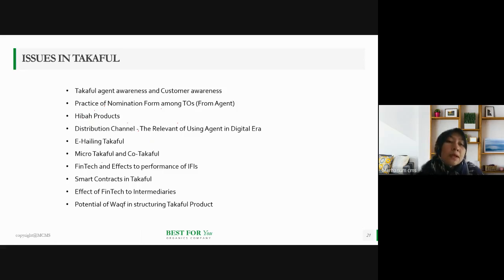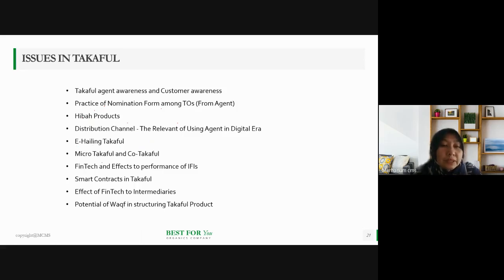Yeah. Okay, so besides Banka Takaful, there are also brokers, the third parties that market the products, agents, and nowadays we have online. Those are the distribution channels for takaful. And okay, the next issue is e-hailing takaful.